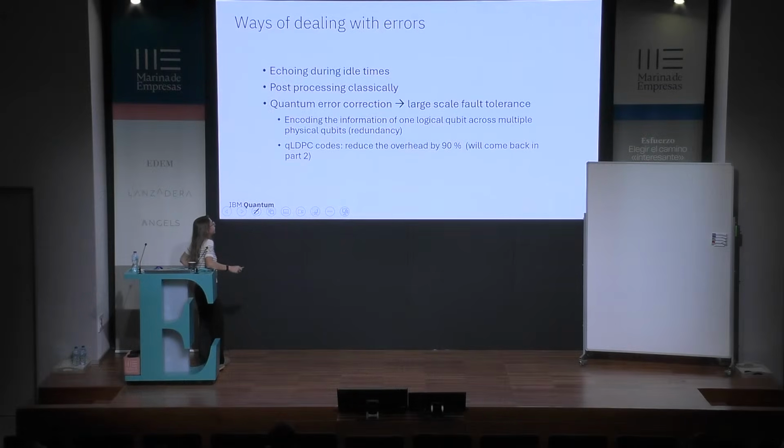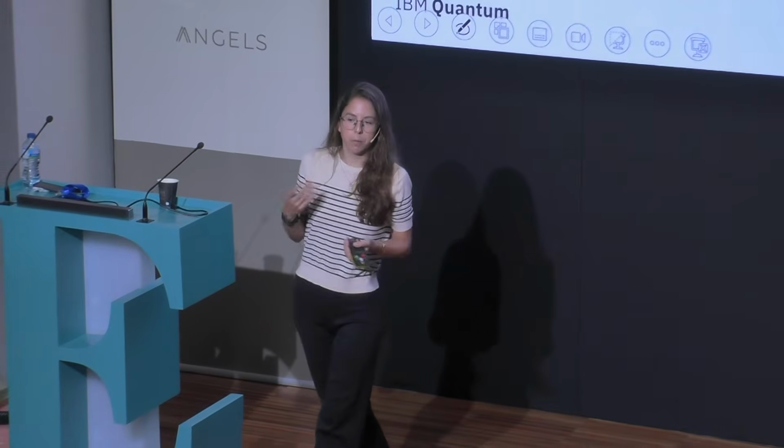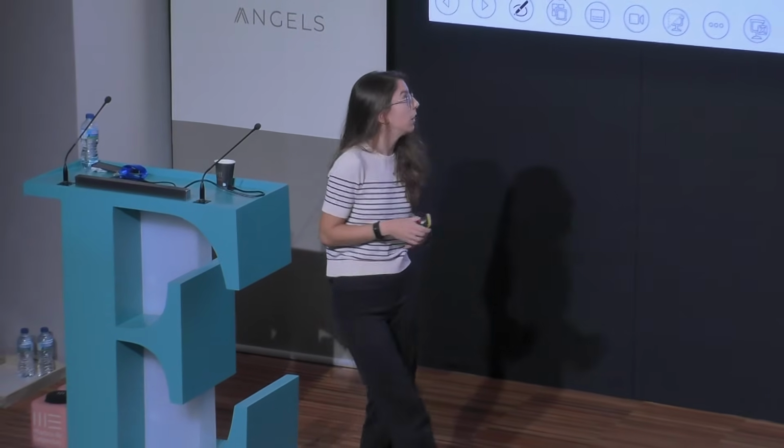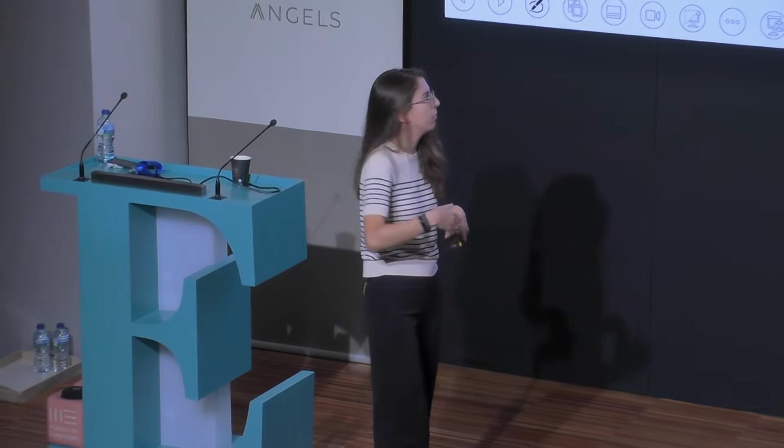And just to get ready for the second part, I want to mention that we always have errors in our system, so it's unavoidable to have some decay, some decoherence, some gate is not perfect. People have come up with a bunch of ways of dealing with these errors, such as echoing during idle time, so sending some pi pulses that make your slow noise cancel itself over time if it's not evolving very quickly.